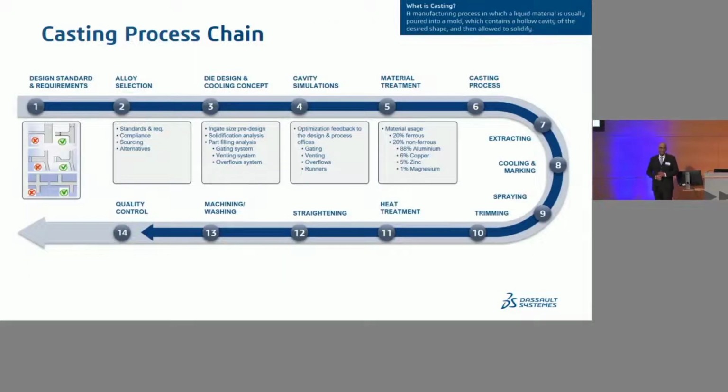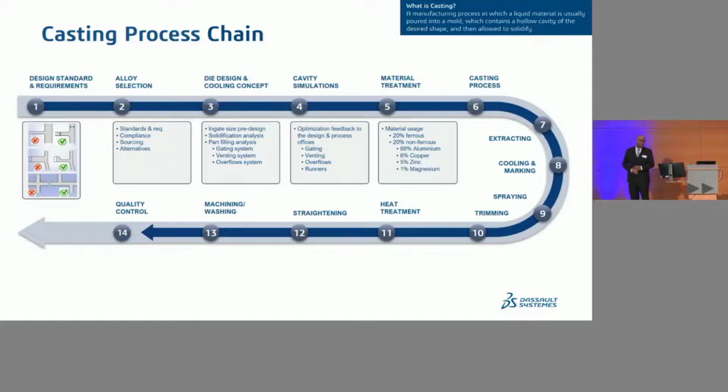The process chain to go all the way from design to a final cast part is fairly long, and as you can see in this figure, there are many steps involved. We have, of course, the design as the first stop, which is accompanied by a number of design standards and requirements. Before or after the design, there's the selection of the material, the alloy selection, the cooling, similar to what we have seen for the plastic parts.